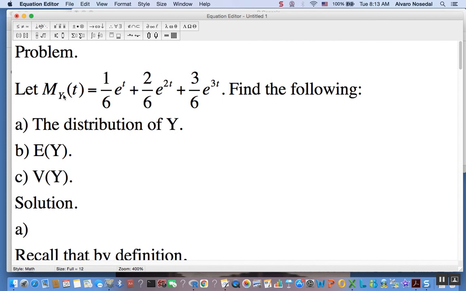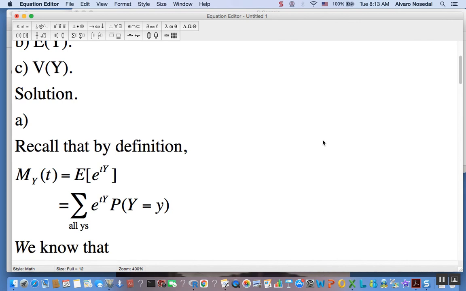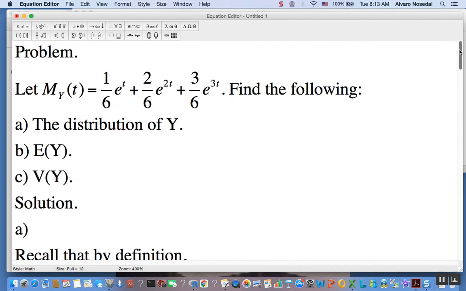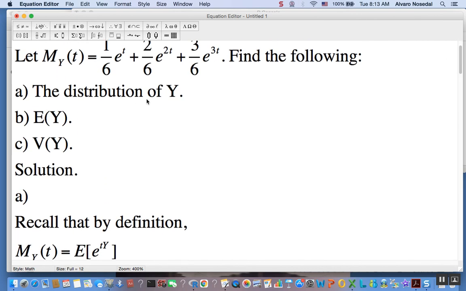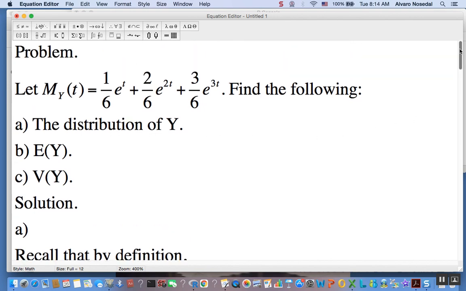The other one is, like in this case, we're given the MGF, but the MGF is not one of those famous popular distributions. So what we did in this case is compare the definition with the expression that we were given to find the distribution of y. Remember that the distribution of y is just a list of possible values along with its corresponding probabilities. Something else that we did here is using the MGF to find the expected value, which is the first moment with respect to the origin, right?